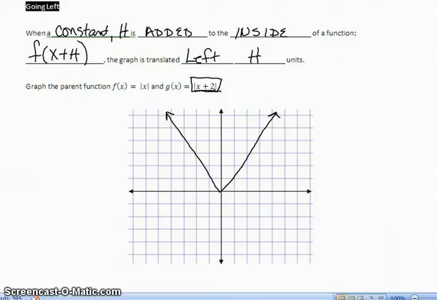So that tells me I need to move this graph to the left 2 units. Doing so, I just go left 2 spots, put my origin here, and the general graph shape stays the same. So this is the absolute value of x plus 2, where the black line is simply the absolute value of x.